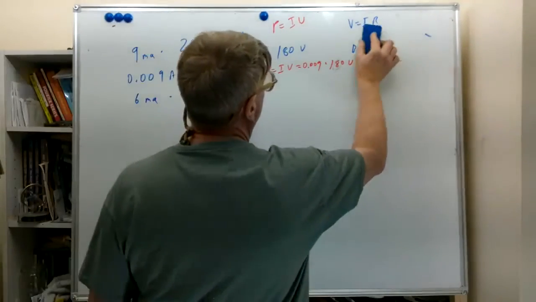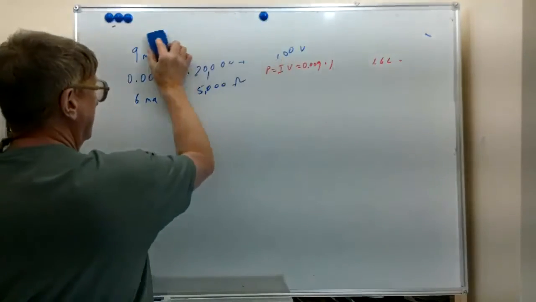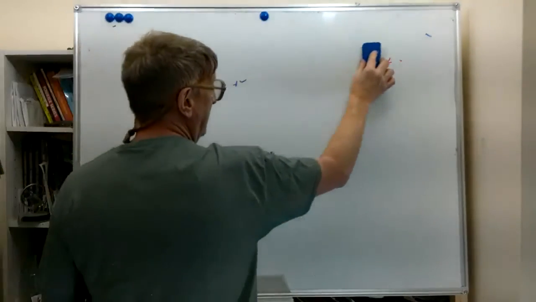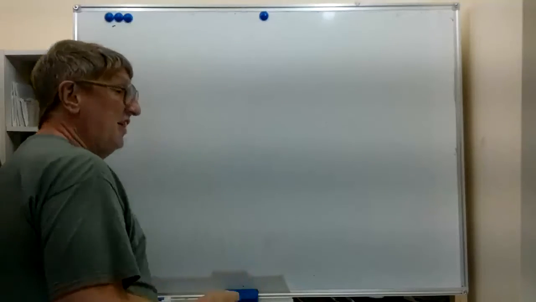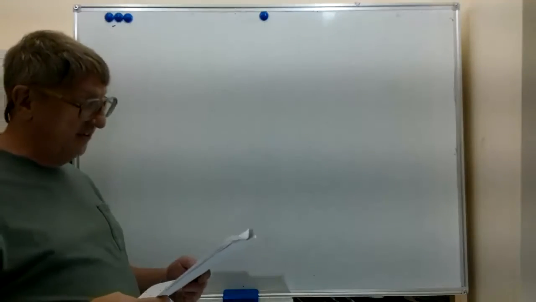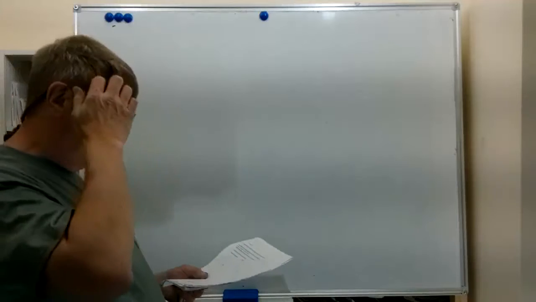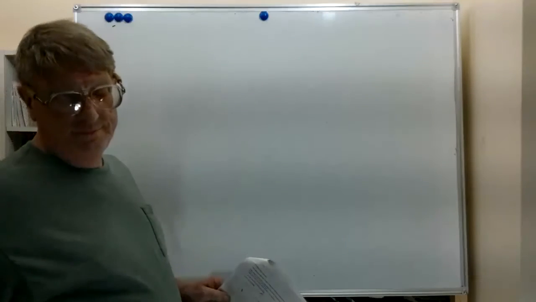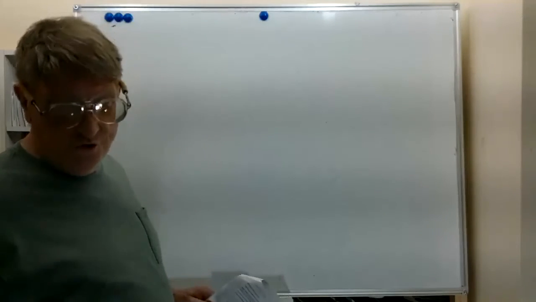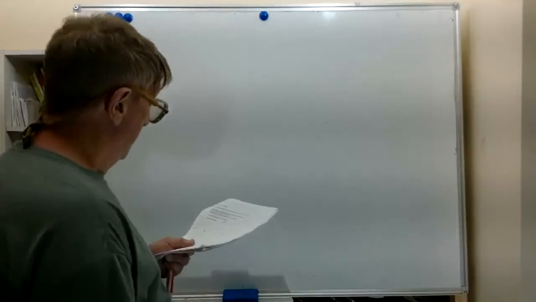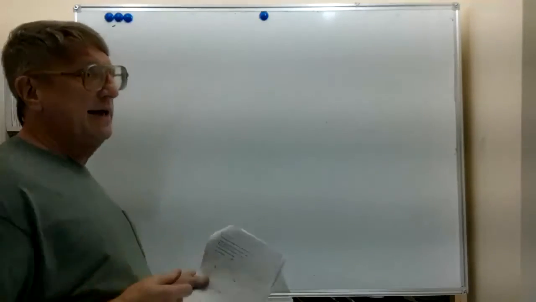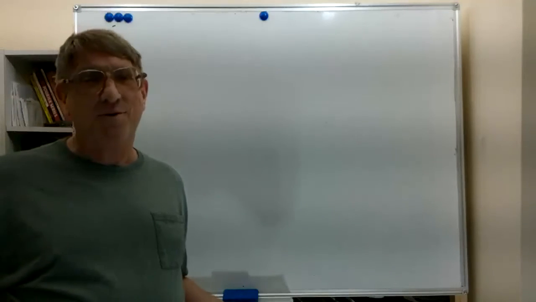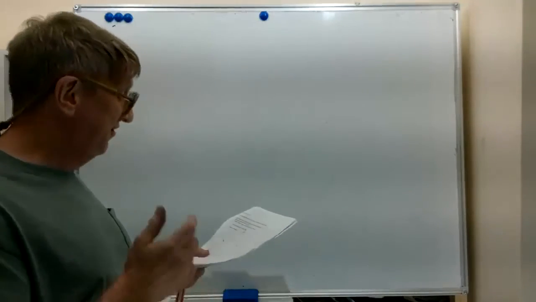So electric shock can be quite dangerous, and it varies a lot on what your resistance is and what your threshold of shock is. And this is why high-powered radio transmitters are very dangerous.